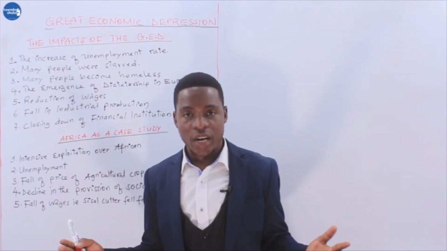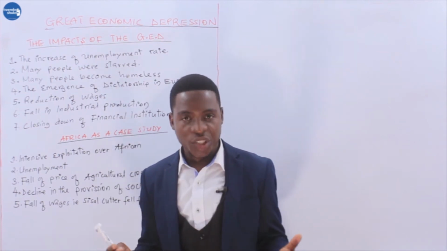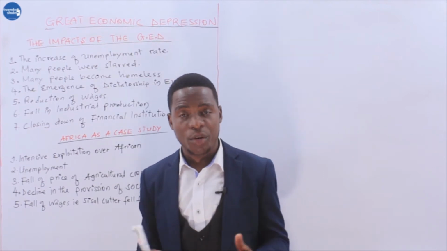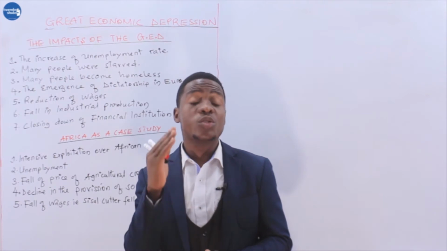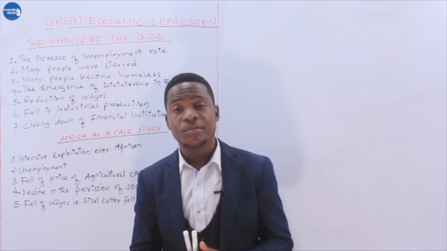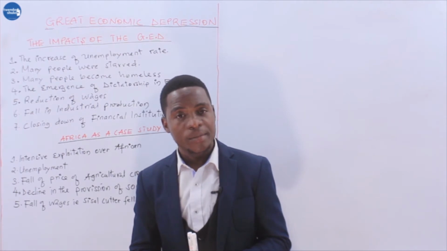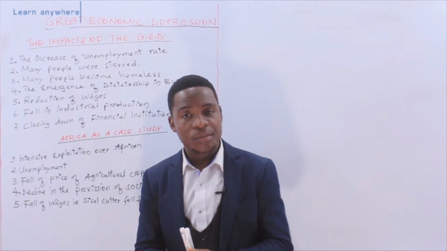The industries were unable to employ people. Financial institutions like banks were unable to employ people because they were suffering from economic malnutrition. Even those who were employed at that time were chased away from work. Redundancy of workers was common.